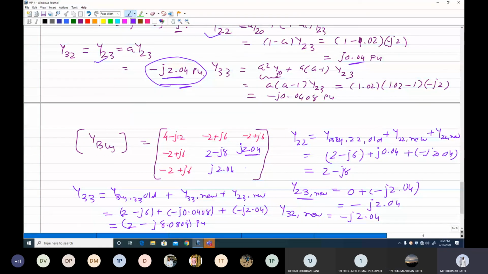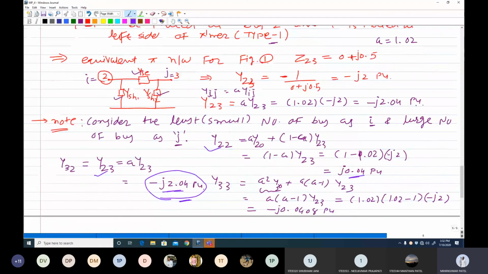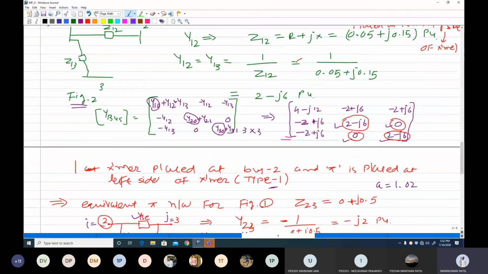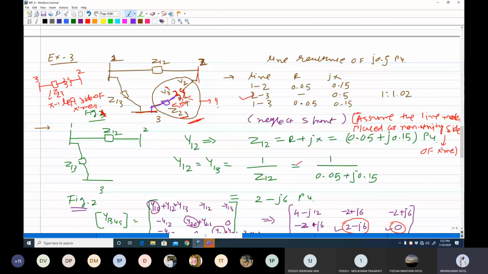Now, if I change the data set so that the pi model is placed at the unity side of your transformer, then what will be the change, and which type will we apply for the solution of such an example?